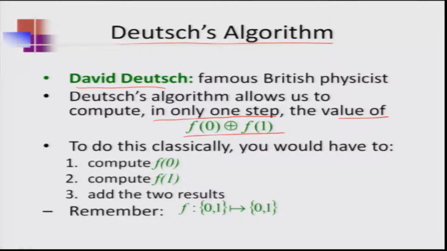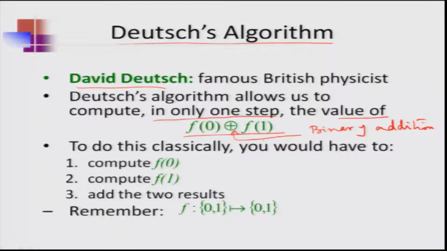The Deutsch algorithm allows us to compute in only one step the binary addition of the two values of the function, f of 0 and f of 1, simultaneously.